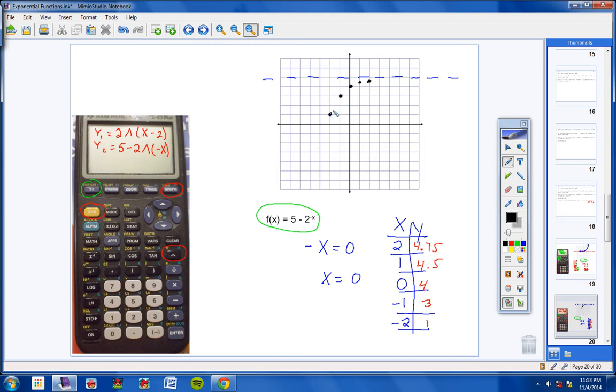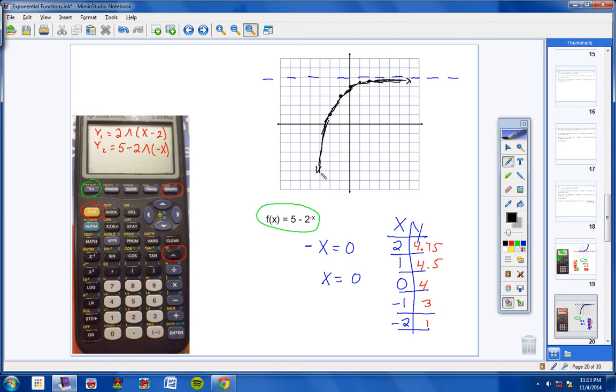So the graph will look like this. Notice it's getting closer and closer to the horizontal asymptote, but it will never cross it, okay? And there we go, okay?